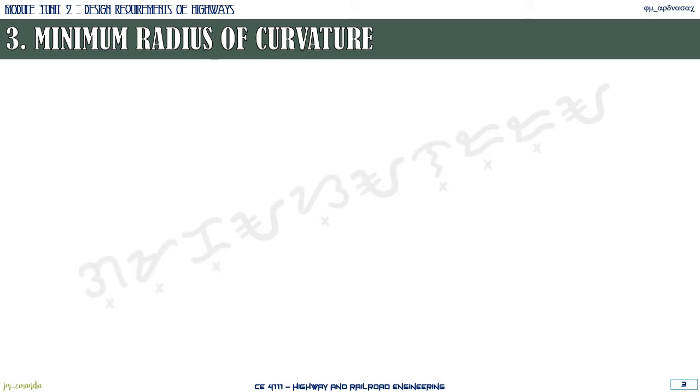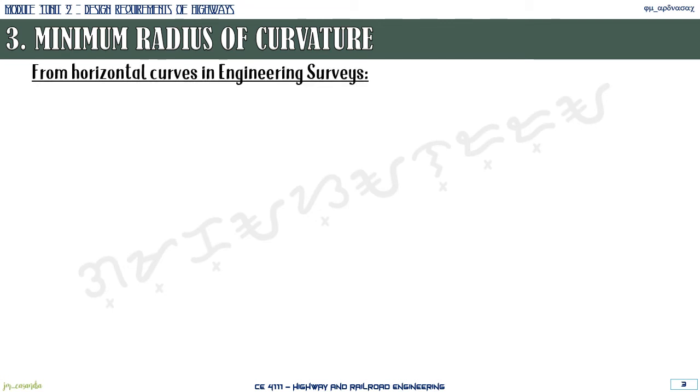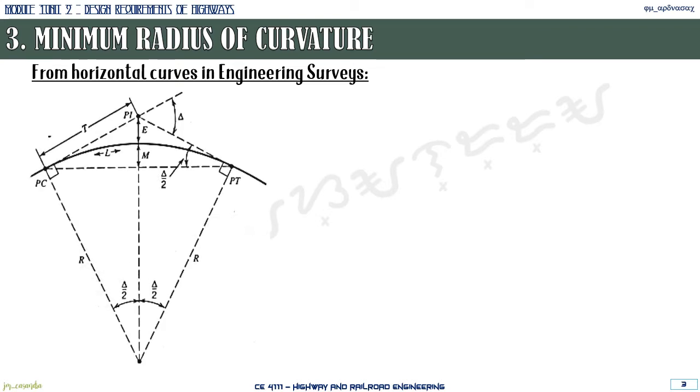So the derivation for the equation we use in determining the minimum radius of curvature can be taken from the horizontal curves that we have learned in engineering surveys. So from engineering surveys, we have your radius, and from here and your internal angles, we can now identify your point of curve and your point of tangencies.